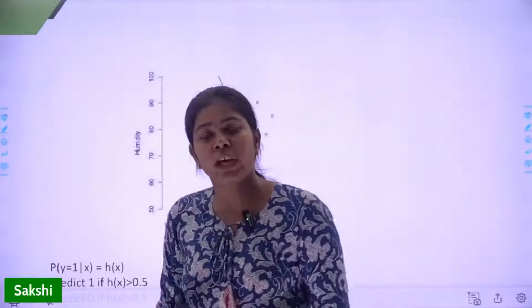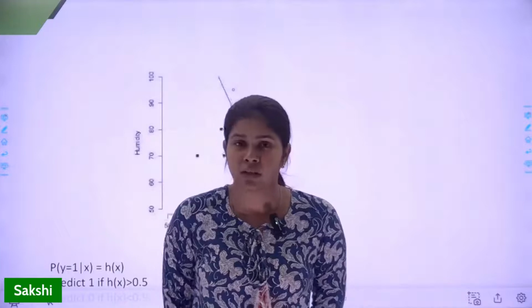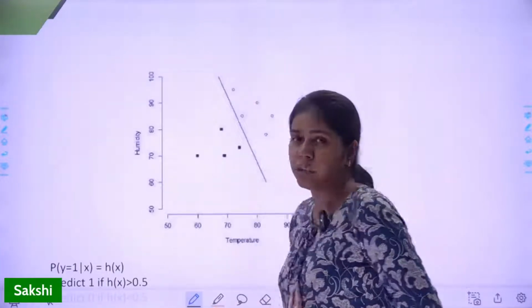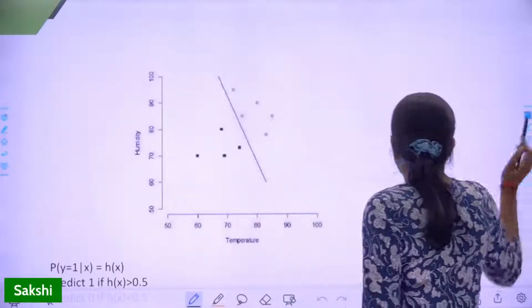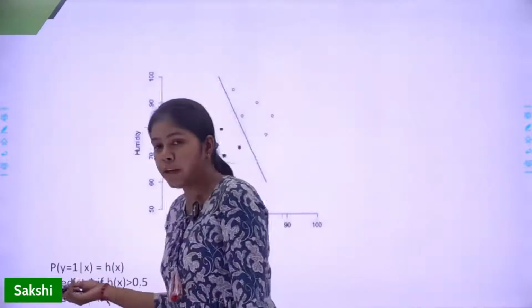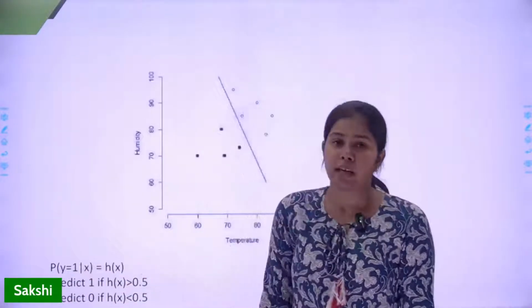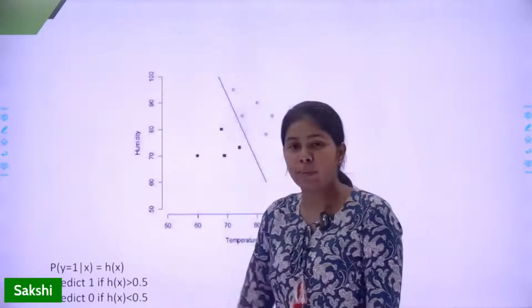If you remember, we have worked on this kind of data using logistic regression. So what does logistic regression do? It would basically find a decision boundary. What we have seen in logistic regression is that we find one function h(x), that is, the probability that y equals 1 given x. If h(x) is greater than 0.5, we predict 1.